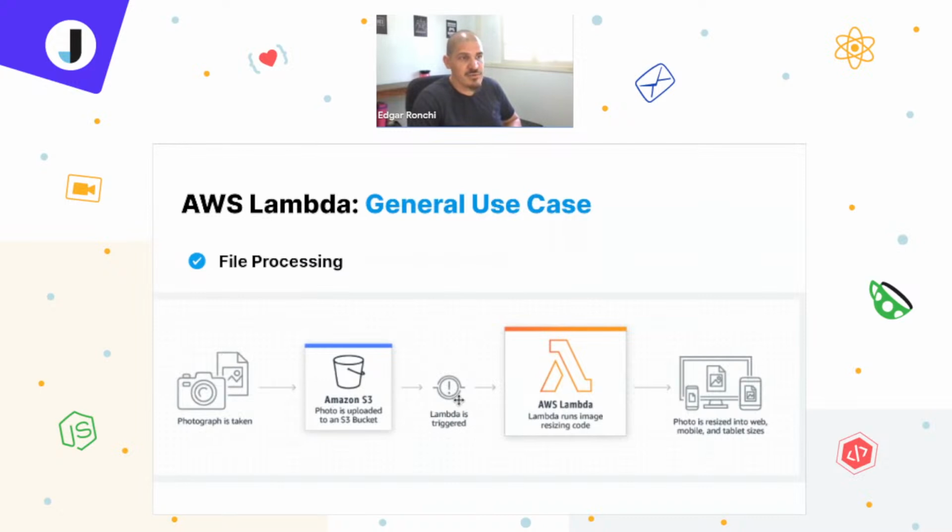So the Lambda will only trigger, for example, when new files are added. Then your logic in AWS Lambda, generally Python is used to implement that. So you can do your logic here, for example, resizing the images, and then you can make them available for web, mobile, tablets, and other sizes.